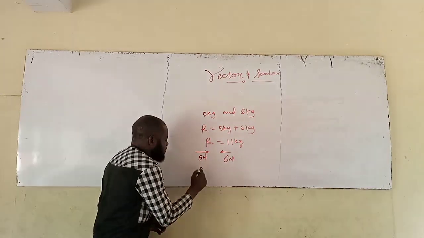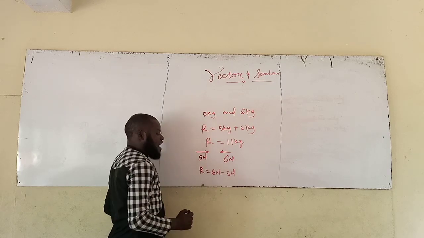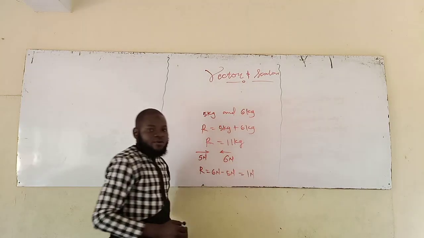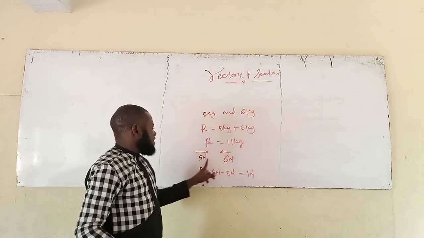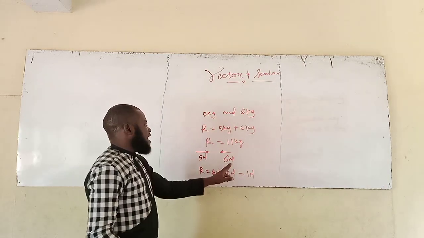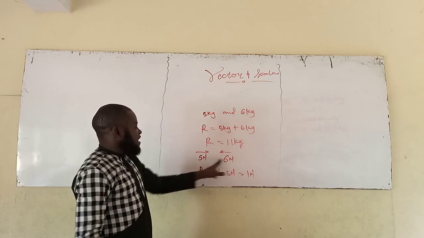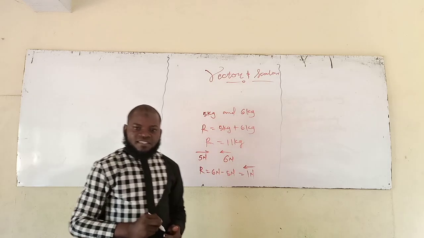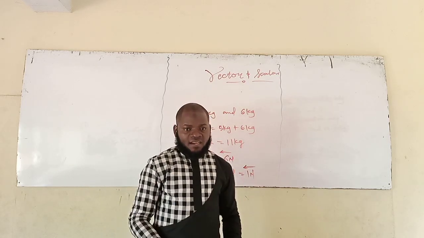So their resultant would be 6 Newton minus 5 Newton, and I'm going to have just 1 Newton. In what direction? Since the 6 Newton is greater than the 5 Newton, the 1 Newton is said to move in this direction. Do we understand that now? That is that about a vector and a scalar.